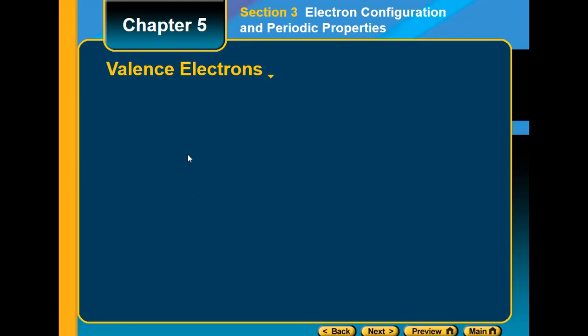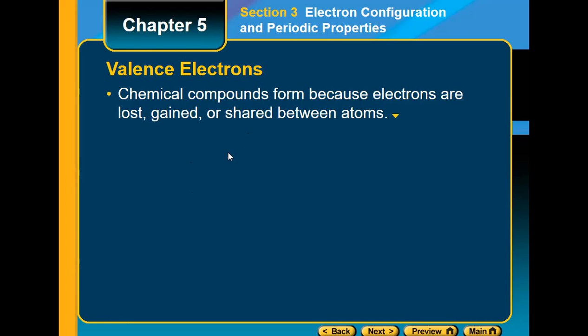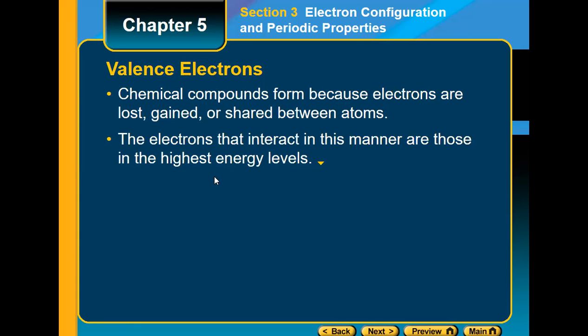But electrons in the outermost energy level always try to fill that energy level, so they may be lost, gained, or even shared to complete their outermost energy level to be like a noble gas, and that is the purpose of chemical reaction. So chemical compounds form because electrons are lost, gained, or shared between atoms, and the electrons that interact in this manner are the electrons in the highest energy level.